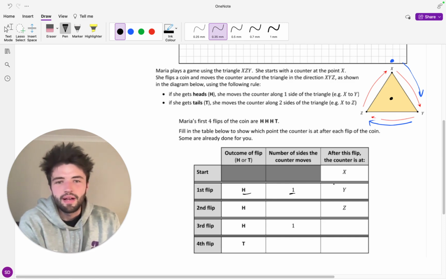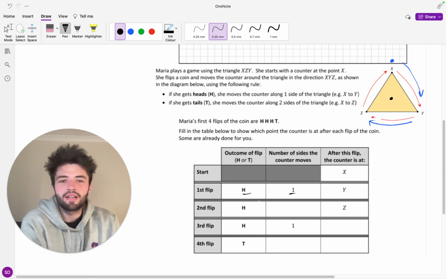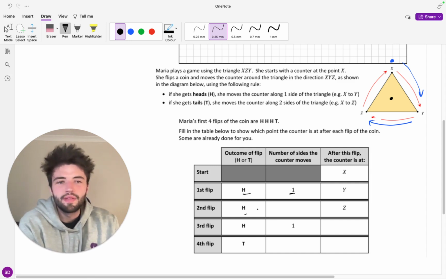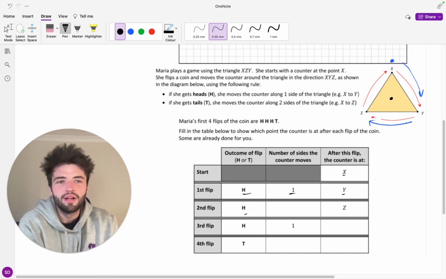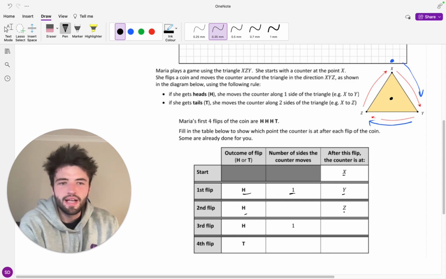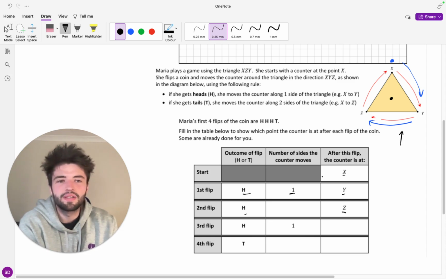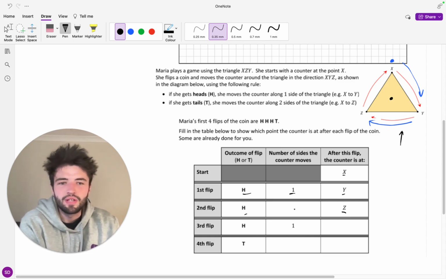And so as I said, the first flip is done for us, and for the second flip they tell us that it's another heads. So we can see that the counter started off at X and it's now at Y, and so it's now gone down to Z, so they tell us that for the second flip. And so if we look at Y to Z, it's only one side length, so it's only gone over once to the left, and so this is also going to be 1.